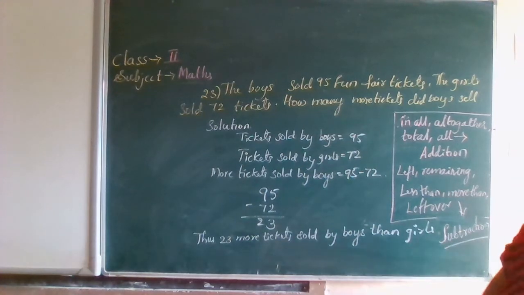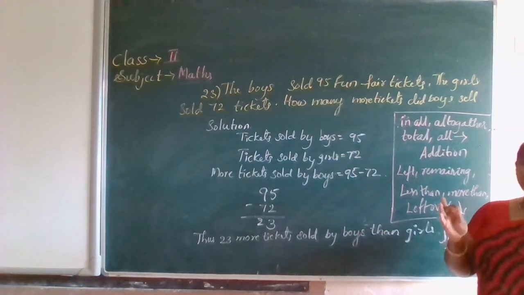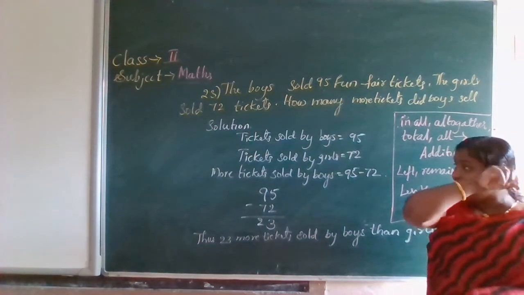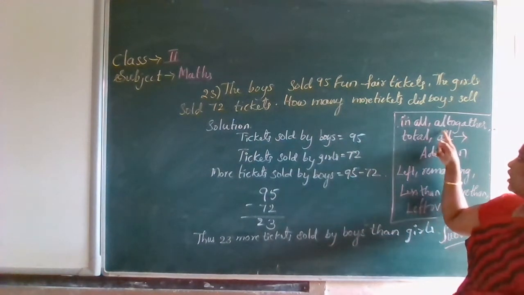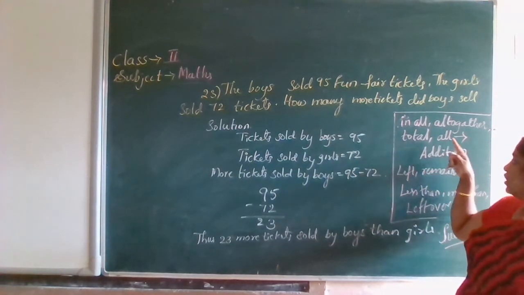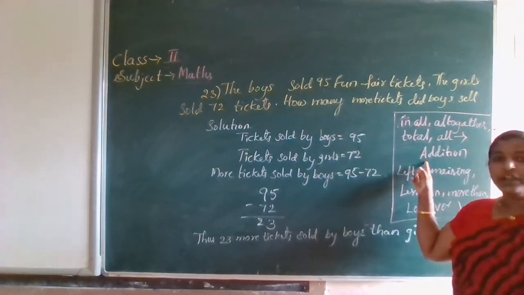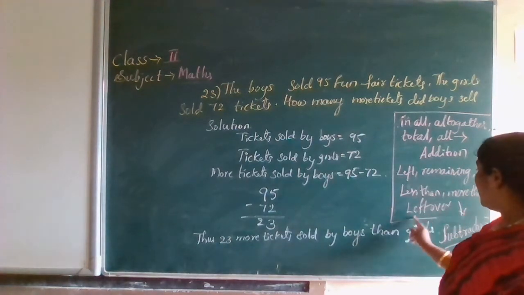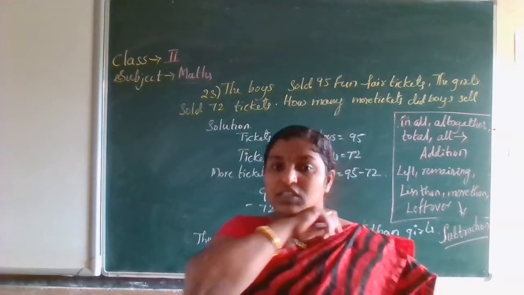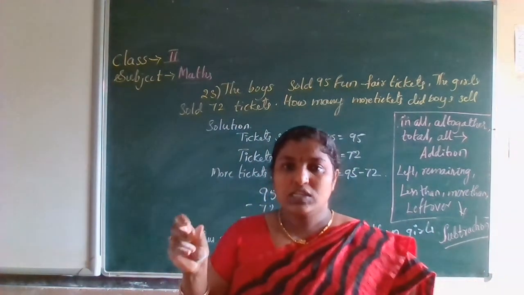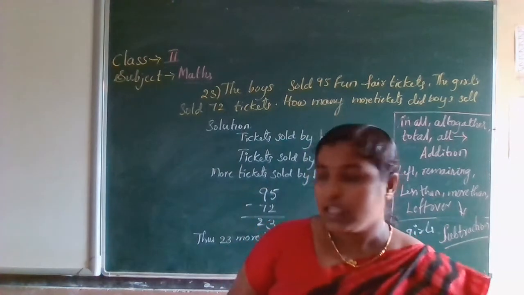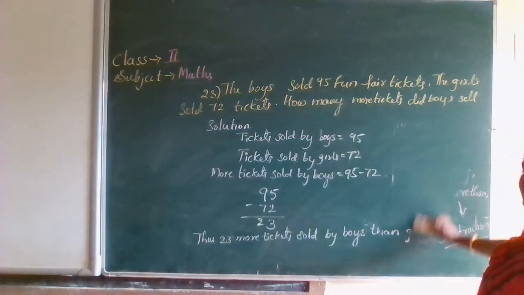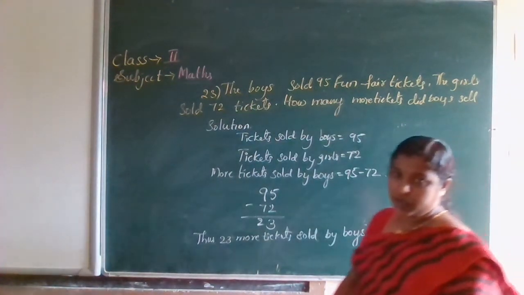So in a word problem, to understand whether it is an addition or a subtraction problem, you should identify by some words. In all, together, total, all come under addition. Left, remaining, less than, more than, left over, how many, difference indicate subtraction. Keep this in your mind to identify whether it is addition or subtraction.